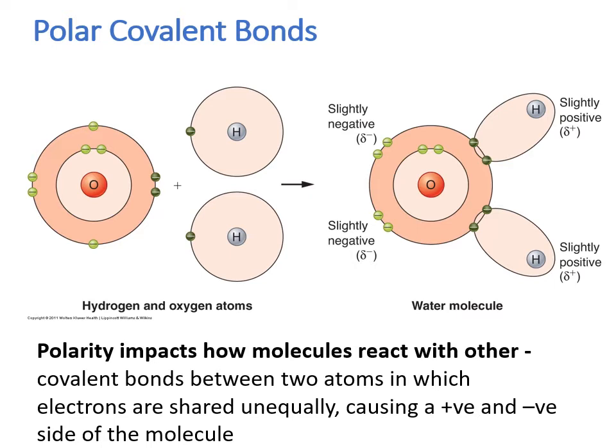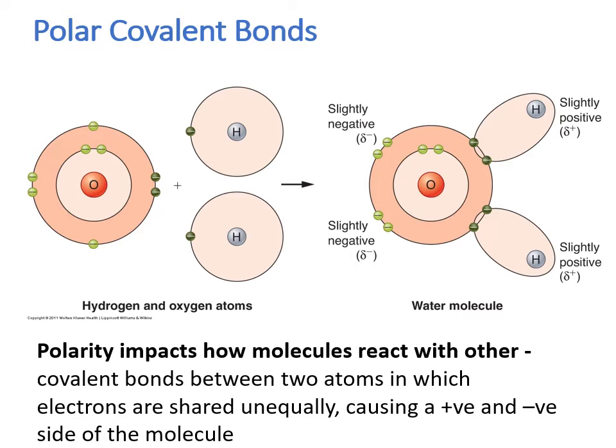the electron from hydrogen has been pulled a bit closer to the oxygen part of the molecule, making it a bit negative, and the hydrogen molecule is positively charged because oxygen just wanted the electrons, didn't want the proton. So the proton is being repelled out a bit because it doesn't want to get too close to the protons of the oxygen.